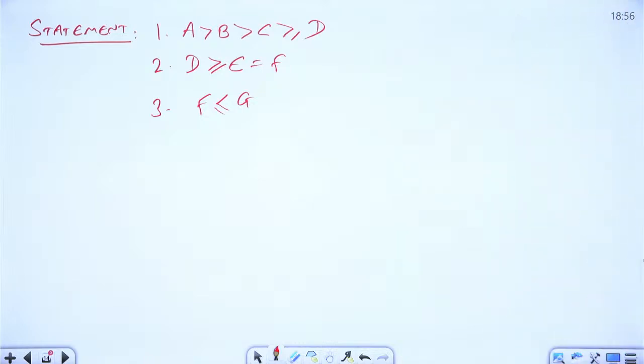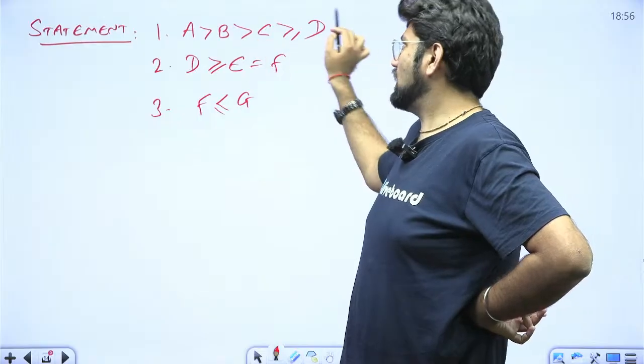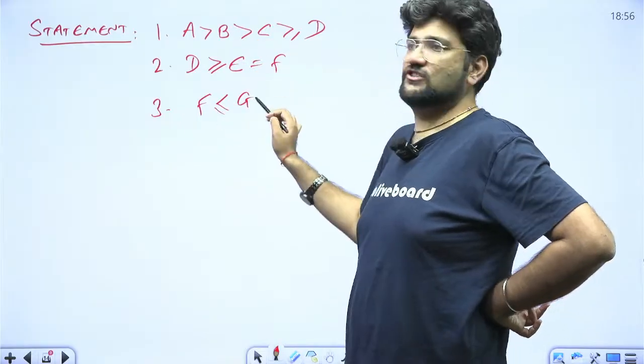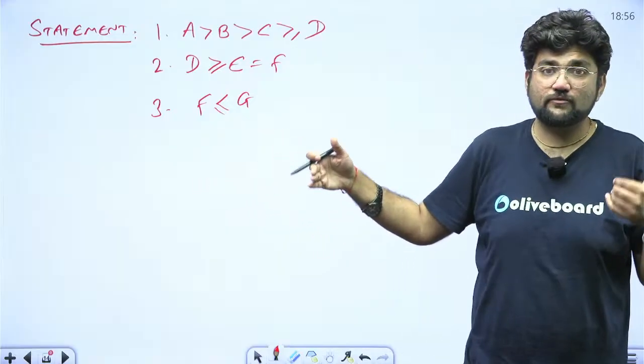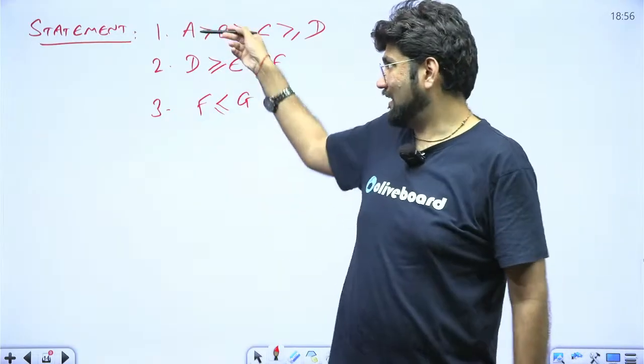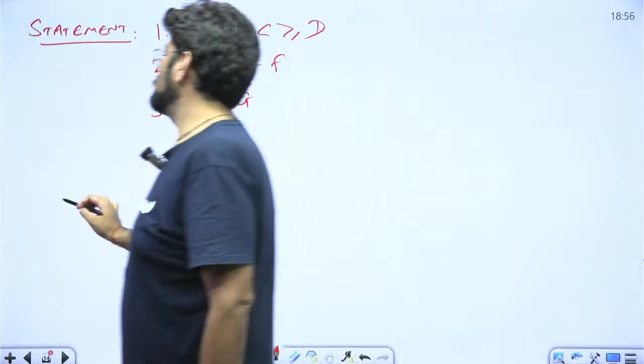Now what they can do is they can also separate these three statements with commas. They will write it as A, B, C, D, comma, D, E, F, comma, F, G. They can do that also. So there are individual three sentences or statements or expressions separated by commas, or they are written like this. I'll tell you what is the rule. And the conclusions.